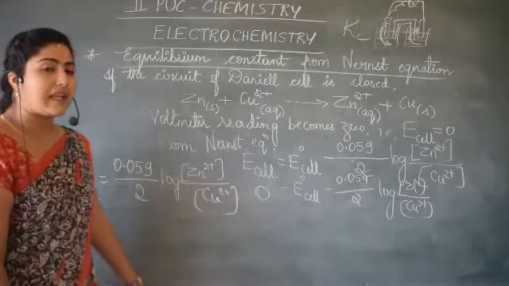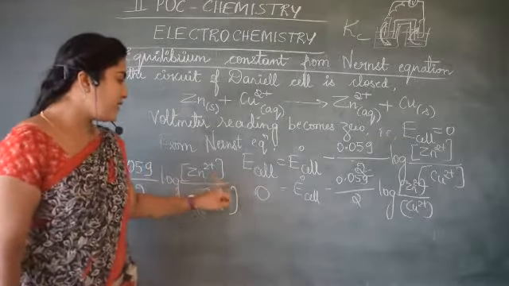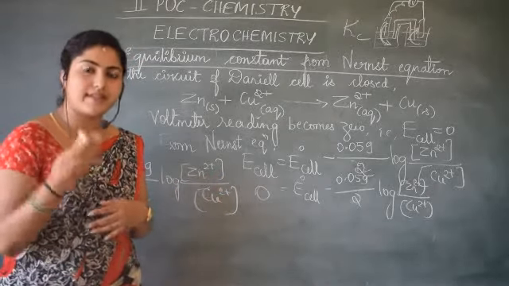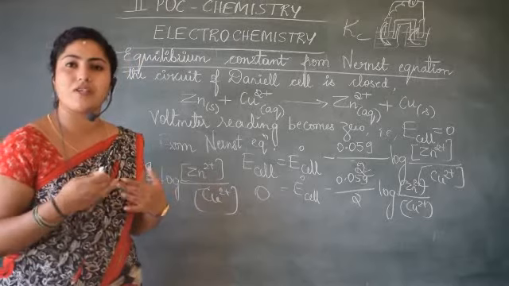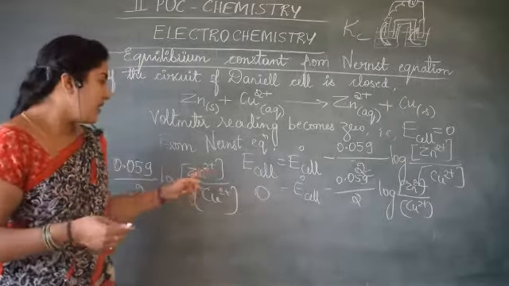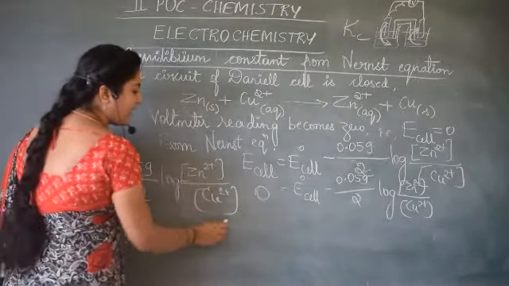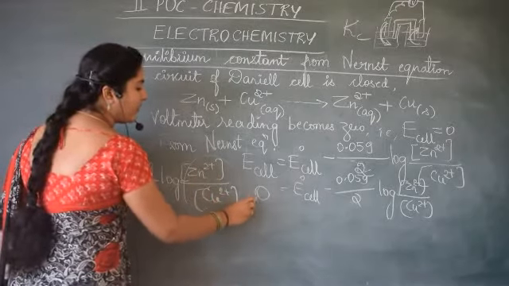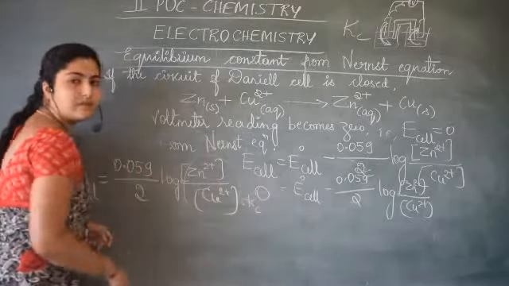Since it is at equilibrium and the concentration of Zn2 plus and Cu2 plus is changing at the same rate, this term becomes equal to the equilibrium constant Kc, isn't it?